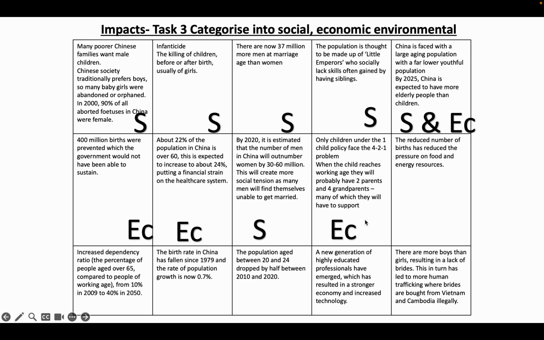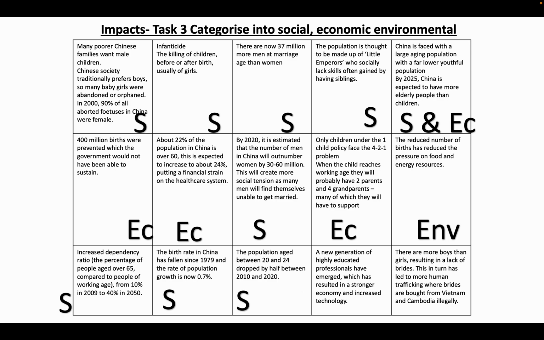This obviously results in a less productive workforce, less skilled and innovative workforce, because they have to look after either children if they have them, but more likely their grandparents and their parents. Some environmental impact for the next one, puts stress on natural resources. Dependency ratio, social or economic, you could argue as well. Birth rates has reduced, social.